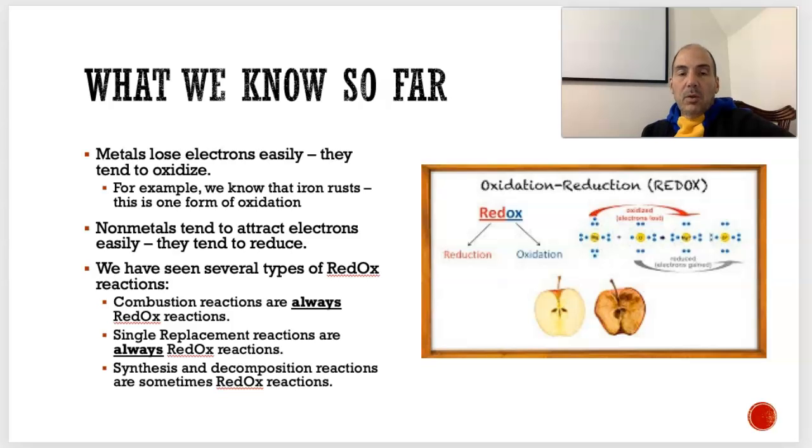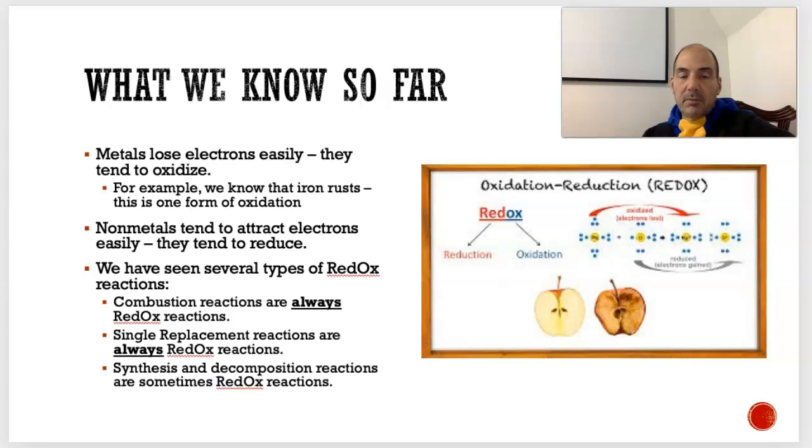Now we know that metals have very low ionization energies and low electronegativities, low electron affinities. That all comes together to say that they don't hold on to their electrons very well. They lose them very easily, which means that metals tend to oxidize.